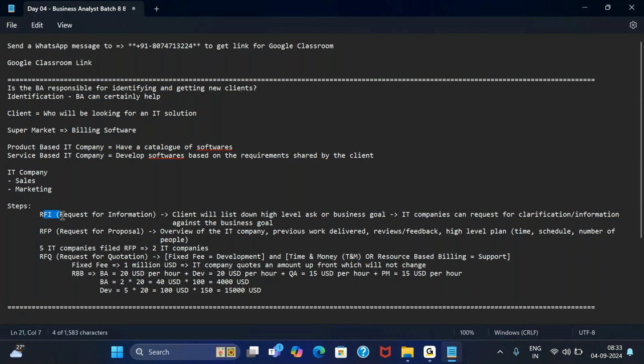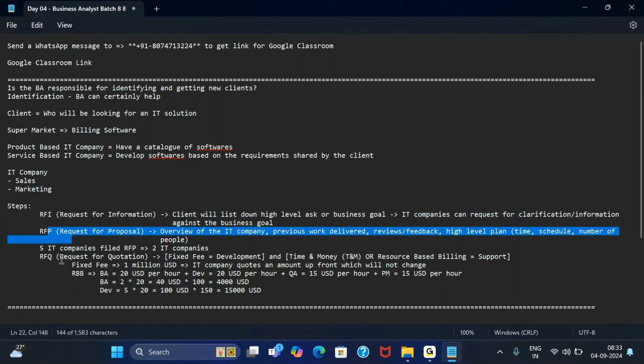This entire process of getting software is divided into three parts. RFI is the first step: once a client identifies they have a software requirement, they will usually connect with the sales and marketing team of an IT company. They will give their high level business goal. If the IT company requires any clarification, they will ask. Then second, IT companies will create a proposal.